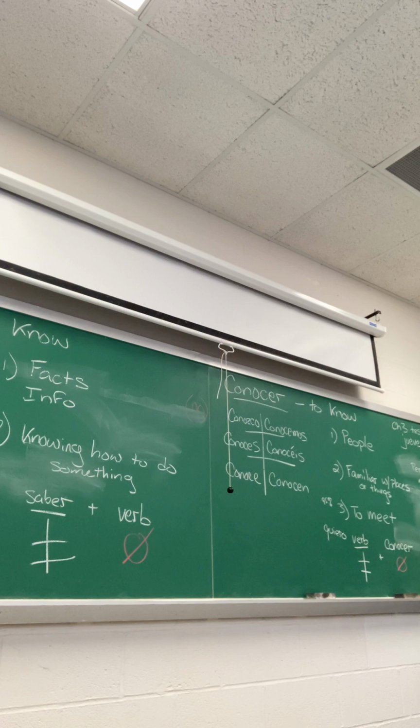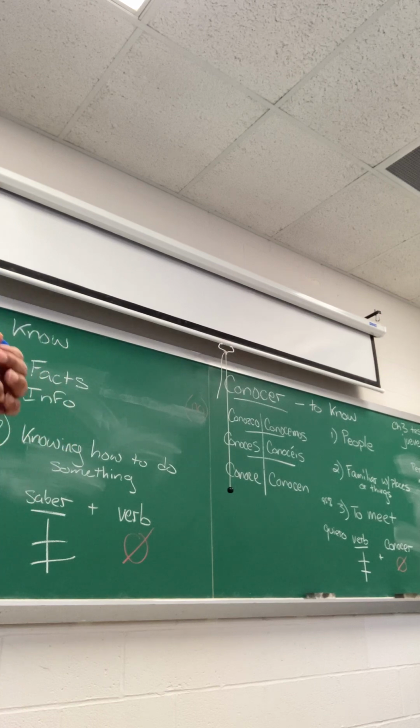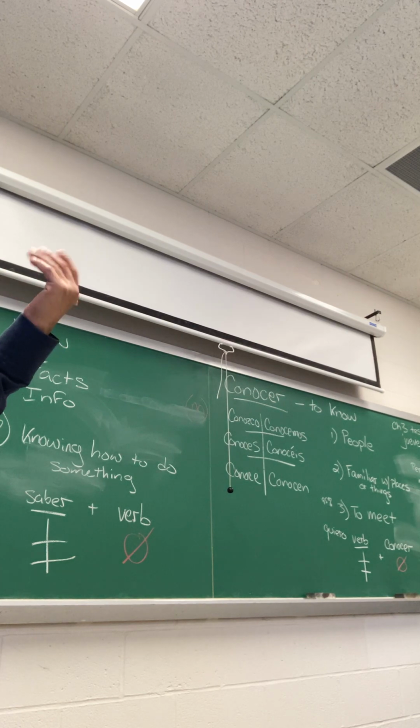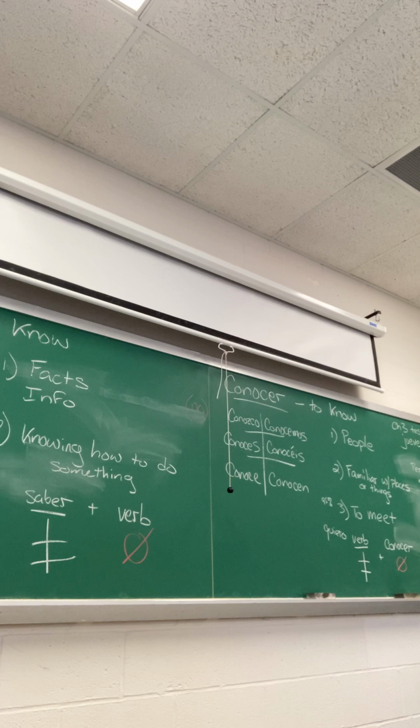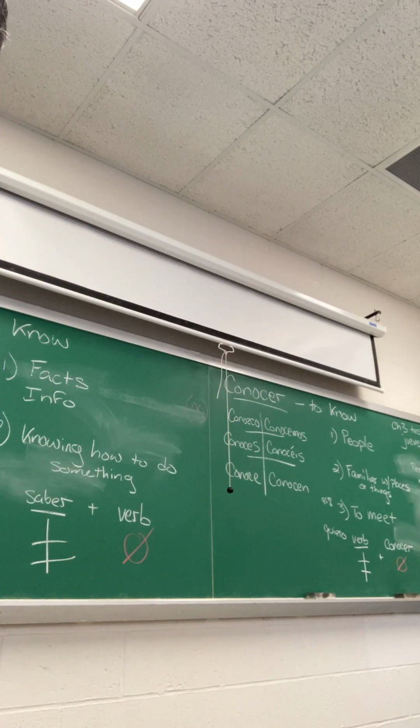So I know her, but I don't know this little bit of information about her. Okay? And I know like Liz has been in my class for a couple months now. I couldn't even remember her age. I definitely don't know where she's from. All right, so yo conozco a Liz, no sé de dónde es. Lo siento.